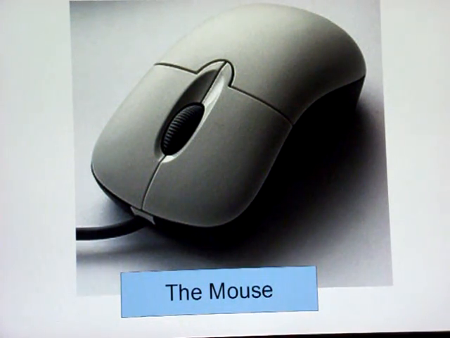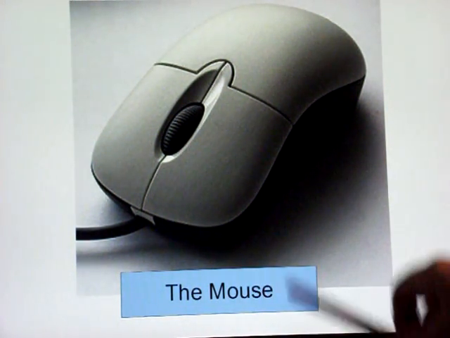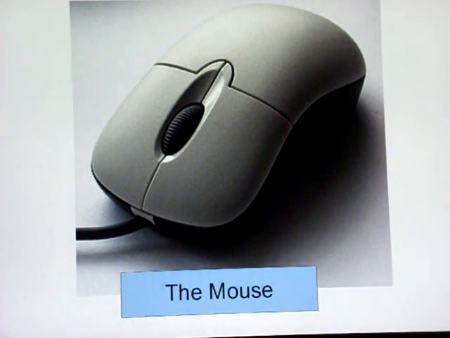Getting back to the mouse, if I ever say click on your mouse on a certain object, it means with your left finger you press the left button on the mouse. Now that is this part right here.